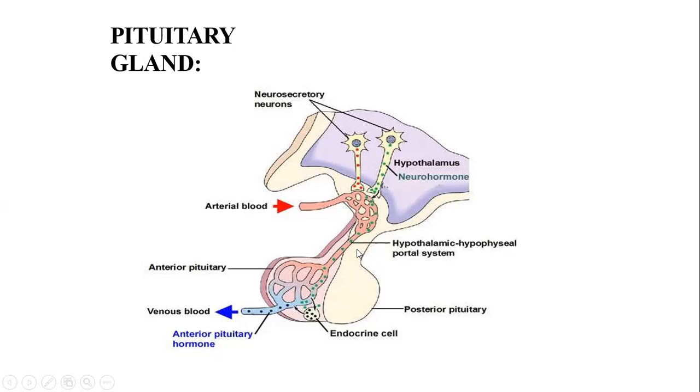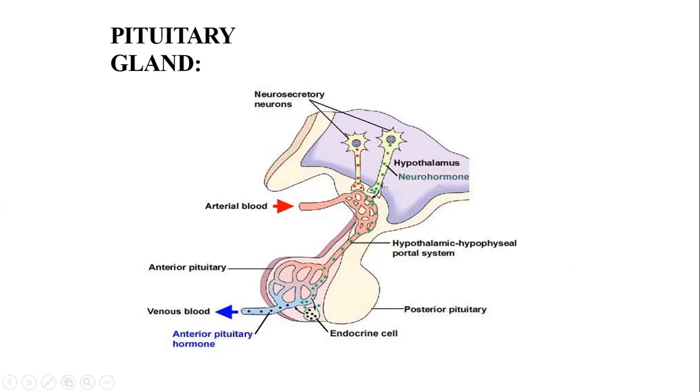Generally, if we have a look at the external morphology, the pituitary gland shows the presence of the anterior lobe of pituitary, posterior lobe of pituitary, and pars intermedia. So externally we can see three lobes.